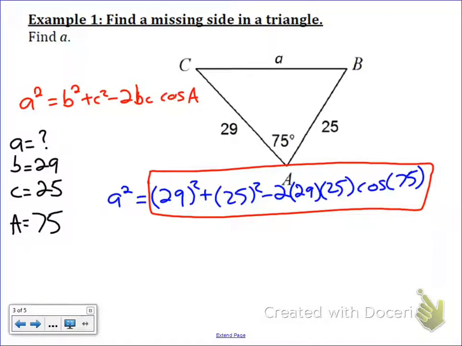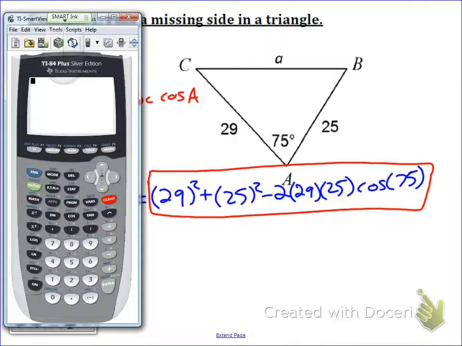So let's bring our calculator up. Now we're going to plug this into our calculator the exact way it's written. Notice I put everything in parentheses, so let's go ahead and do the parentheses and plug it into our calculator as well.